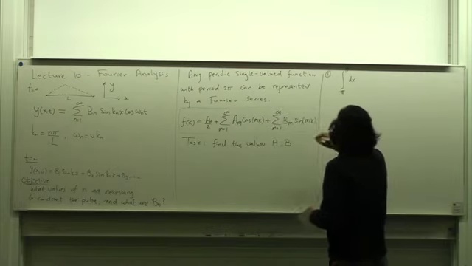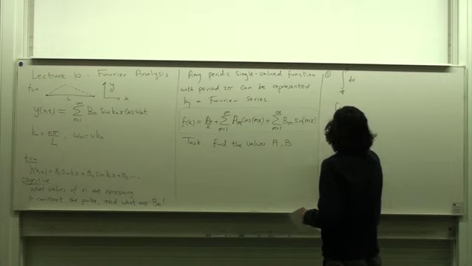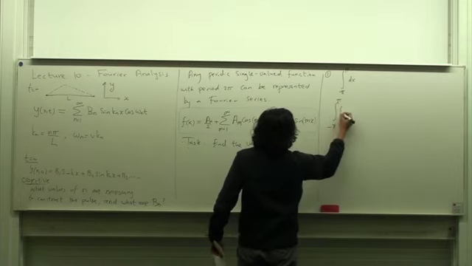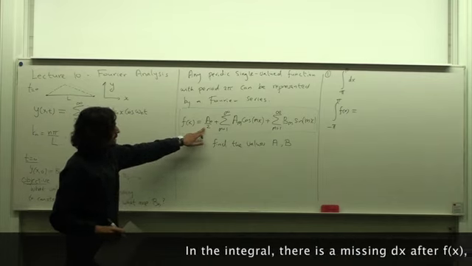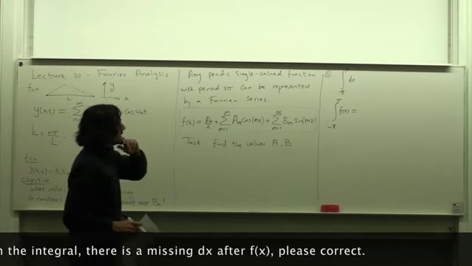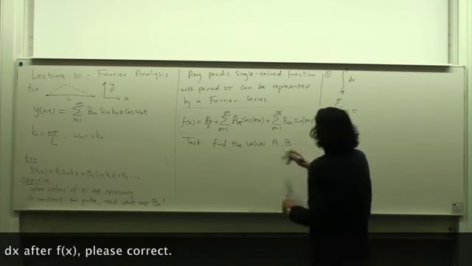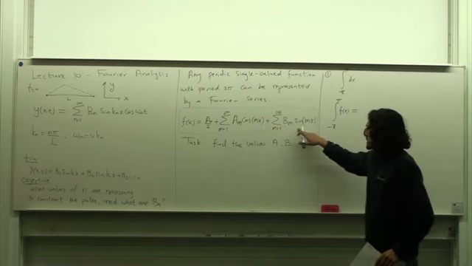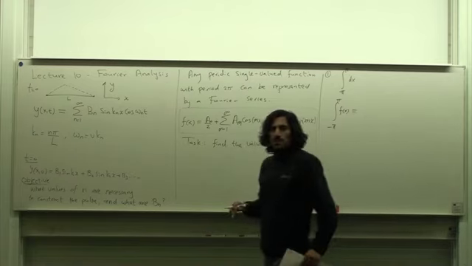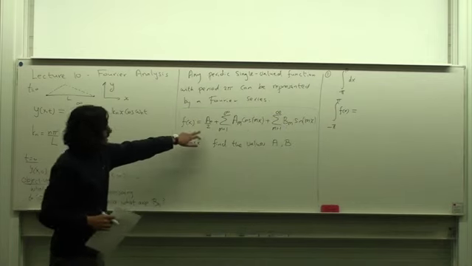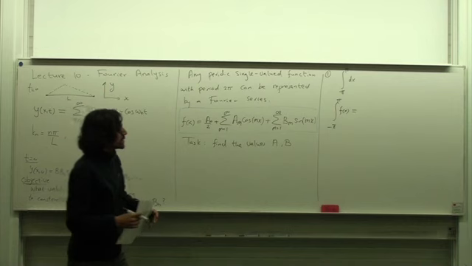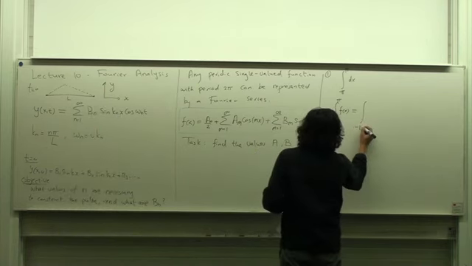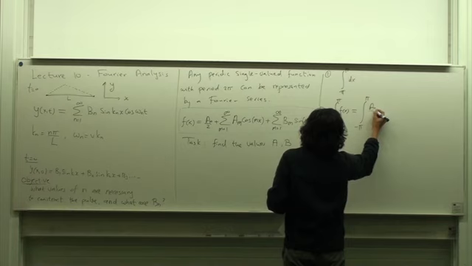On the left side I'm going to have the integral from minus pi to pi of f x, equals, on the right side we're going to have the integral over this term, the second term and the third term. But the integration over one period for any cosine mx or sine mx is 0, right? So the only term that survives on the right side would be a0 over 2. So that would be the integral from minus pi to pi of a0 over 2 dx.